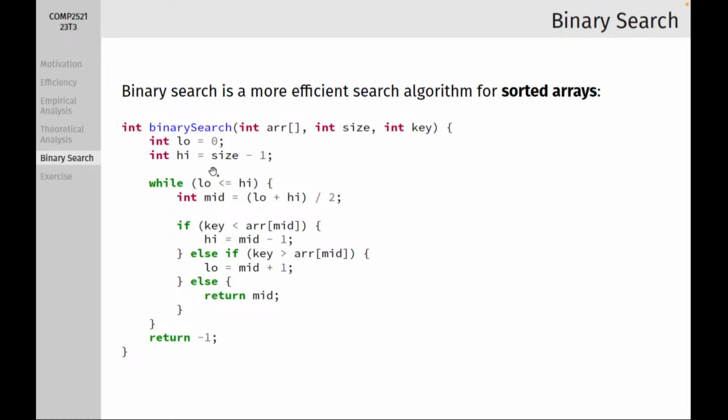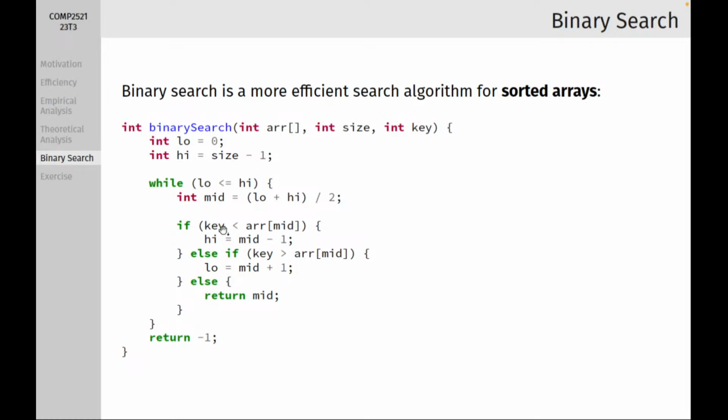Then we've got a while loop that keeps going while low is less than or equal to high. That means: do we still have any elements to search through? If low eventually crosses over high, that means we've run out of elements to search and we haven't found the element. And inside the while loop, we calculate the midpoint of low and high.